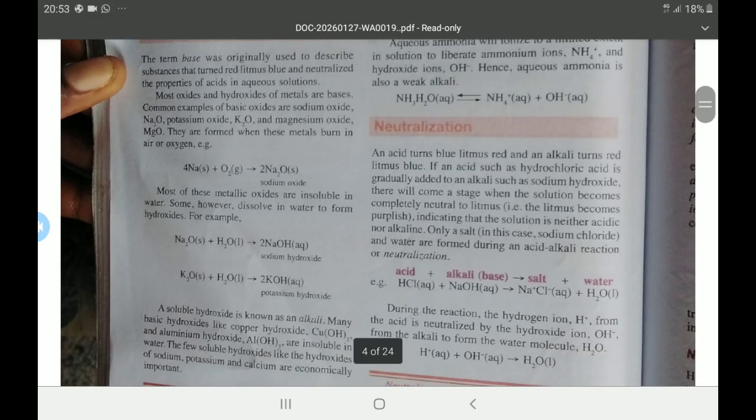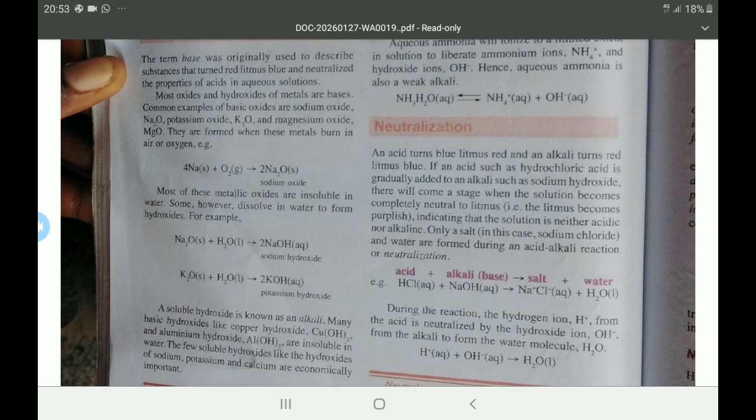A soluble hydroxide is known as an alkali. Soluble means something that can dissolve in water. So they are saying here that a soluble hydroxide is referred to as an alkali. So an alkali is a soluble hydroxide. Now, many basic hydroxides like copper hydroxide, Cu(OH)2, and aluminum hydroxide are insoluble in water.